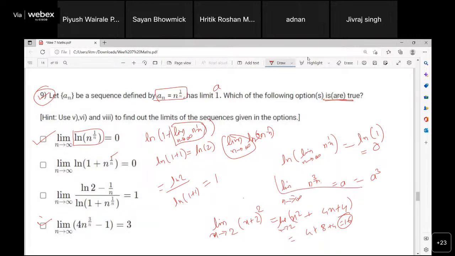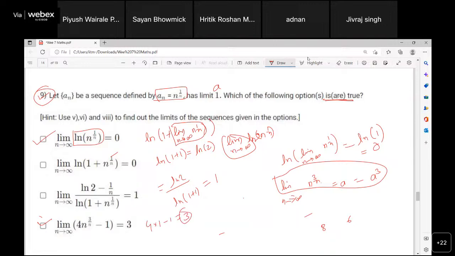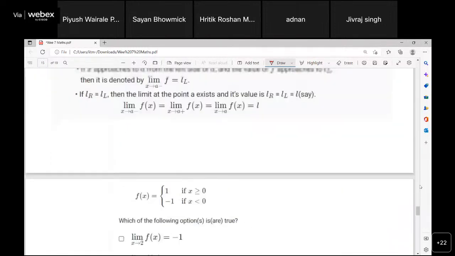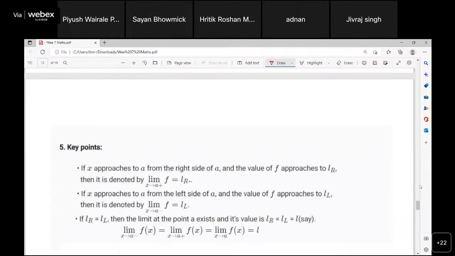So can I apply the same principle here? Yes, sir, we can. So here, what will be our answer? 4 into 1 minus 1, basically that is 3, right? So this is also correct one. Okay, great.